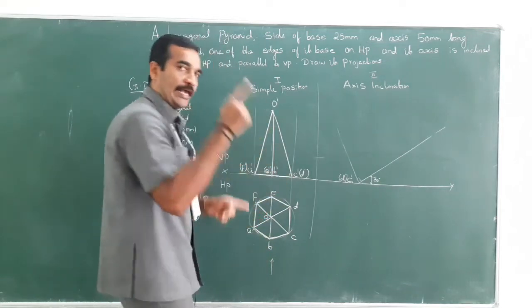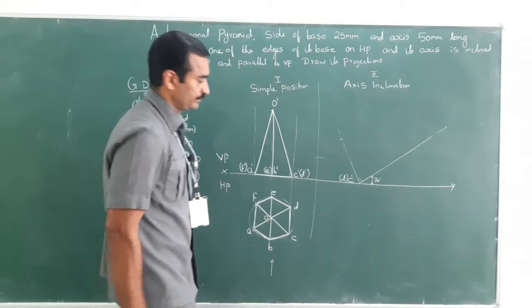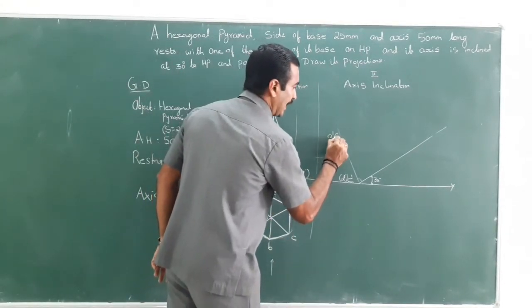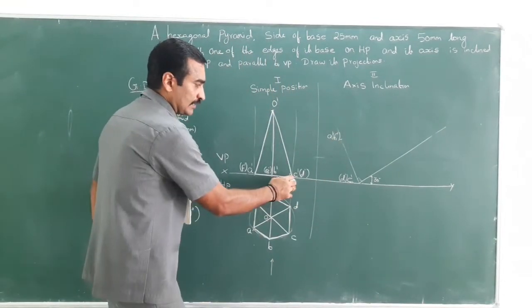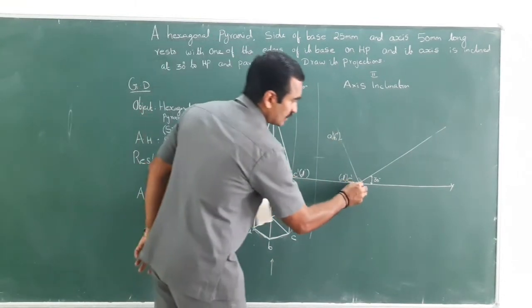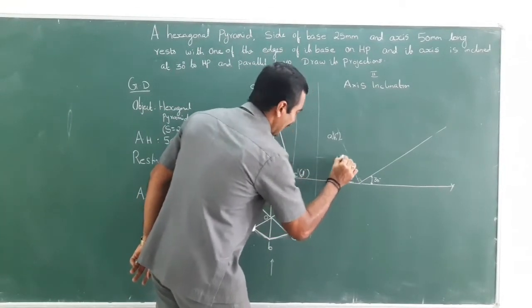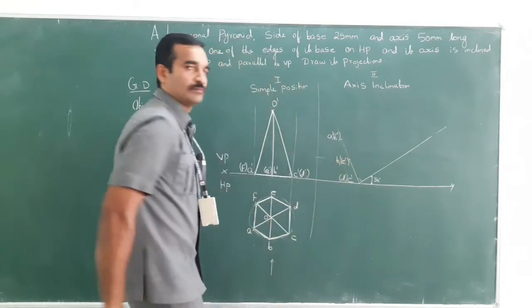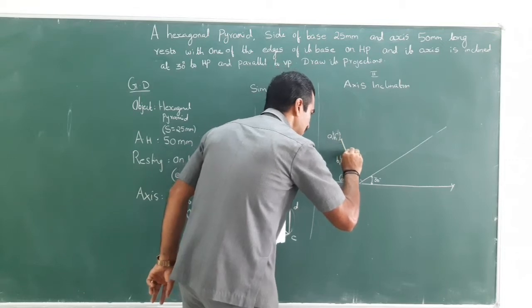Measuring from C to A in your compass, keeping at C, cut an arc. Now this point is nothing but A1 dash and F1 dash. Now measure from C to B, cut an arc. This could be B1 dash and E1 dash. Now draw a dark line of the base.